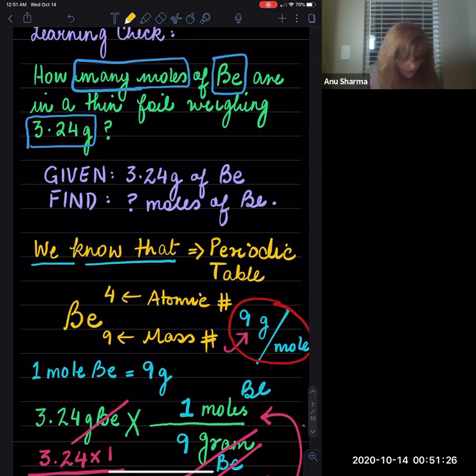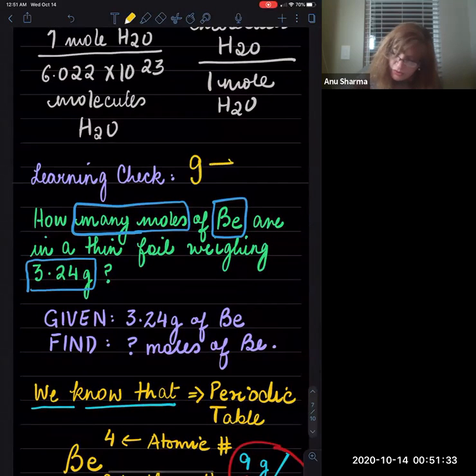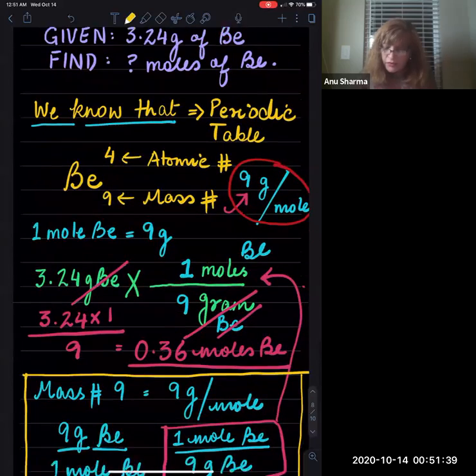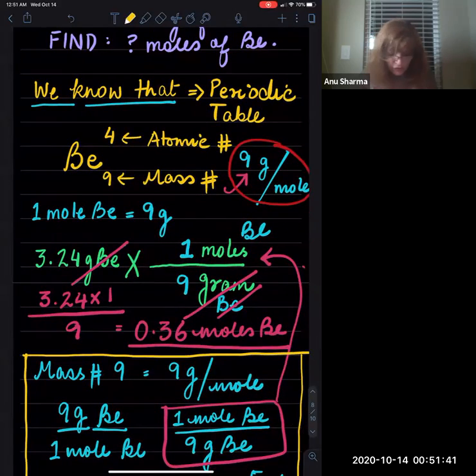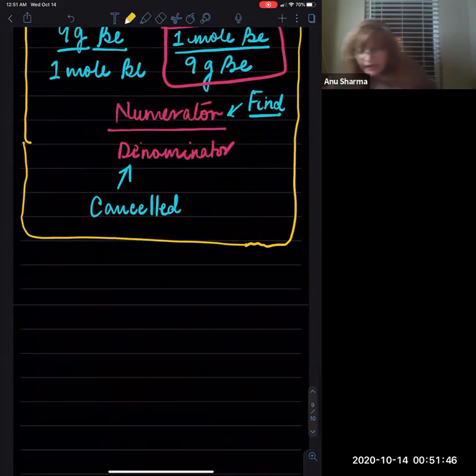This particular conversion was the conversion of grams to moles, using an element.